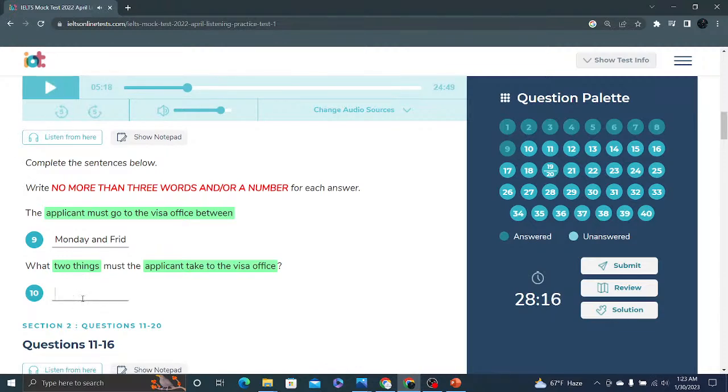Okay, 2 passport size photos and your passport, of course. So the answer will be photos and passport.